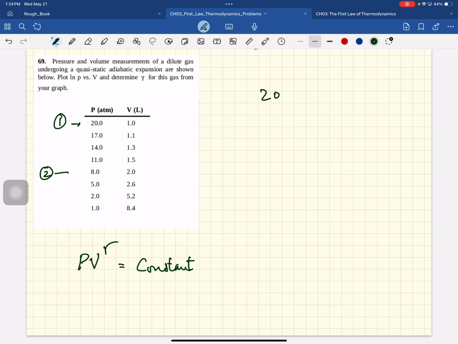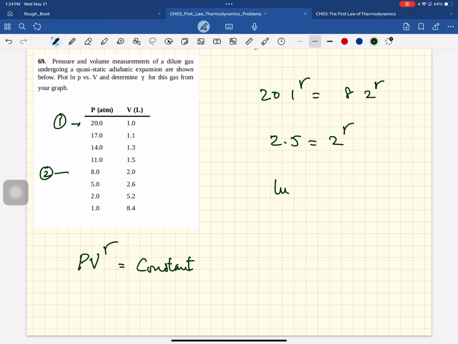So 20 times 1 to the power gamma equal to 8 times 2 to the power gamma. And we don't need to convert any units because you have the same units on either side. 1 to the power of gamma is 1. So 20 divided by 8 is 2.5 equal to 2 to the power gamma.